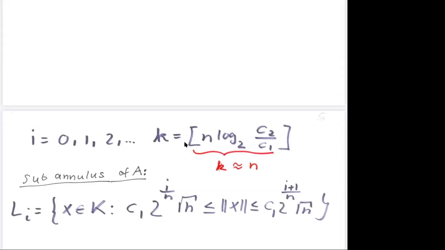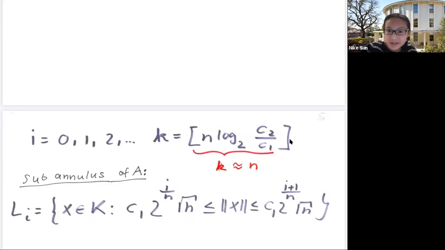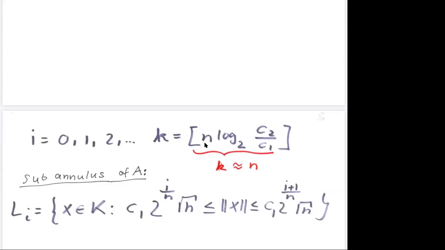So what's K? Where do we stop? Well, K is the, how do you say, floor? It's integer floor. Yes, it's the biggest integer that's smaller than that. I never can remember how to call this thing.